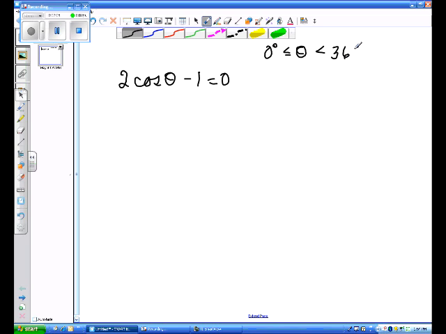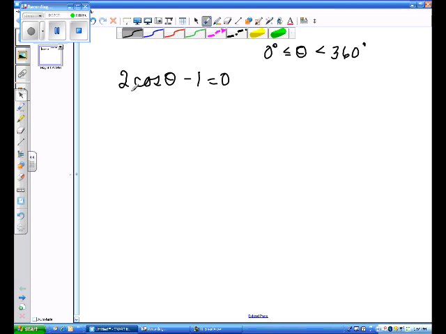Now we'll look at some later where we find all of our answers, and then we'll also look at some where we deal with radians. But we're going to find all the values for theta between 0 and 360 that will make this equation true.